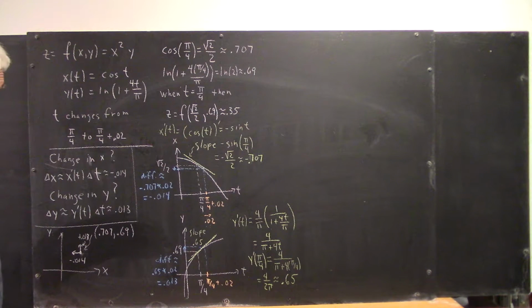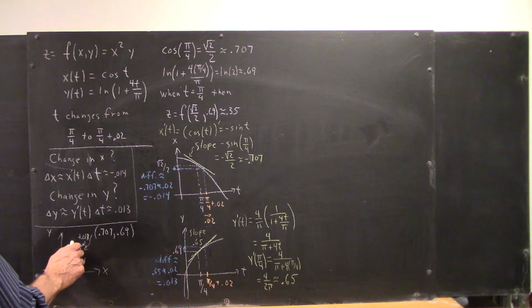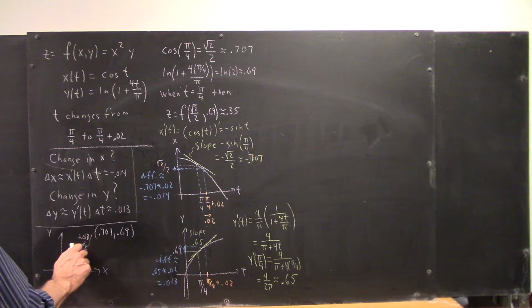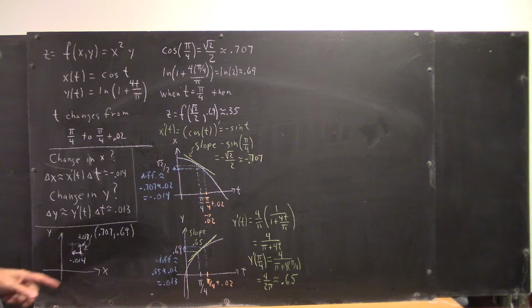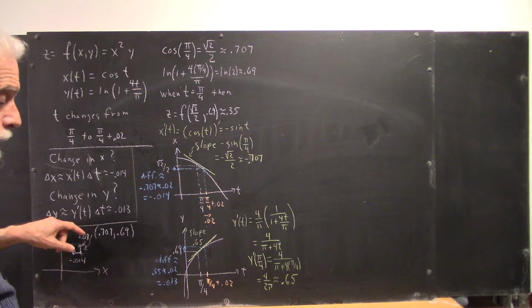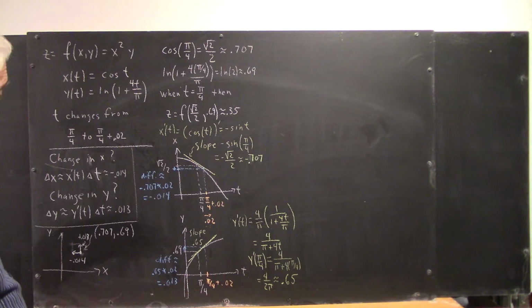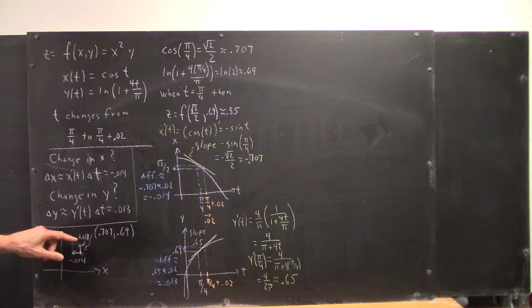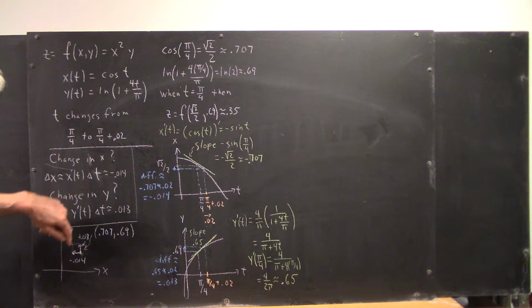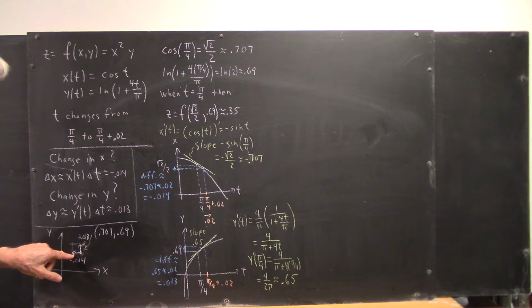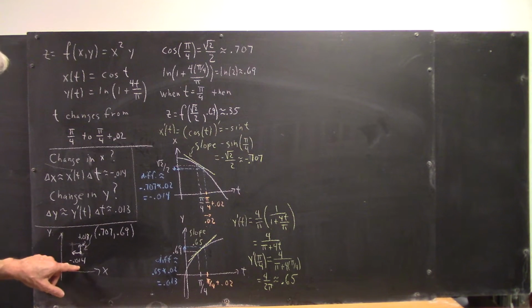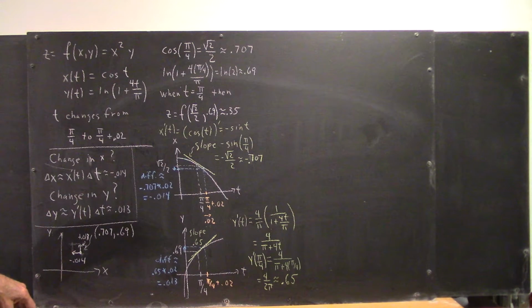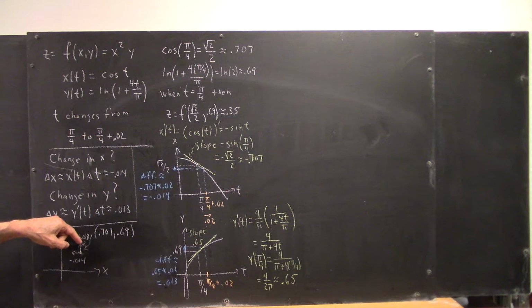And there's a little more, I'll just mention it, you might not be able to grasp it at first. But this is a small change, this is a small change. We don't expect the partial derivatives to change much between here and here, do we? So whatever change we got down here in z, whatever z change corresponds to this negative 0.014 displacement of x, will probably be about the same as the change we get if we move from here to here.